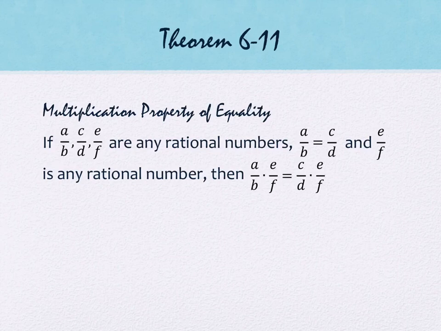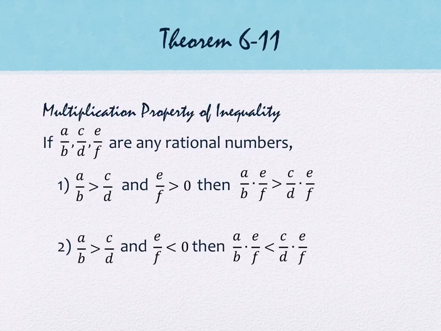Inequalities actually also work, but there's one caveat to that. So if you have a over b and it's greater than c over d, and you multiply it by a positive number, then that relationship still holds. The first value is still greater than the second.